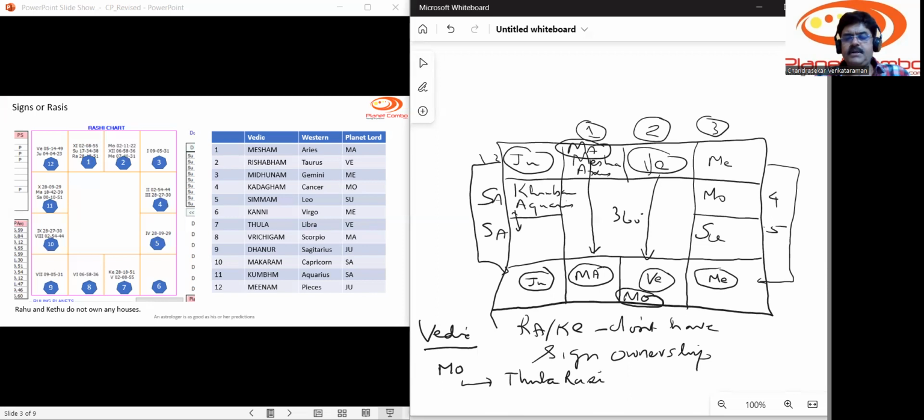But in a Western chart, when they're drawing the astrological chart, the sun's position is important. So if the sun is, let's say, here in a particular native's chart, as per the calculations of the Western astrology model, then it is in Gemini. So it's a Gemini.